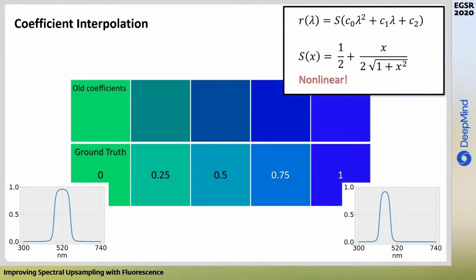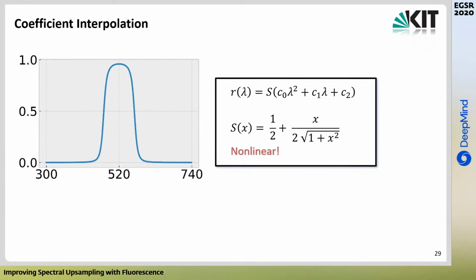But because the individual spectra themselves still have some nice properties, such as the smooth shape and being bound by 0 and 1, we still wanted to stick with the model but find a more intuitive parameterization with better interpolation properties.